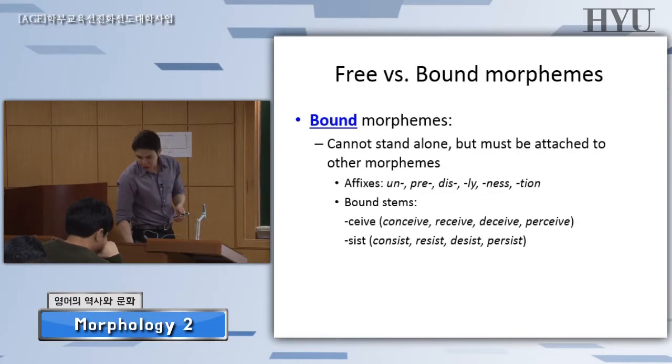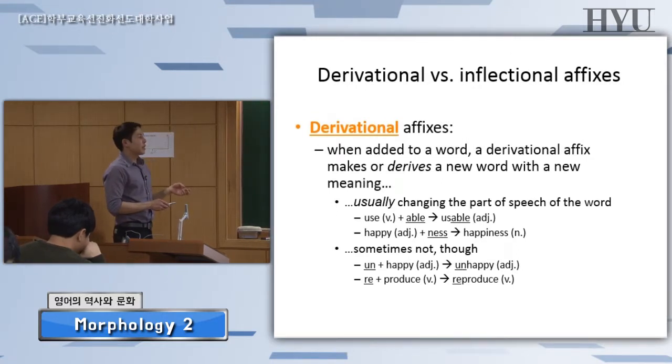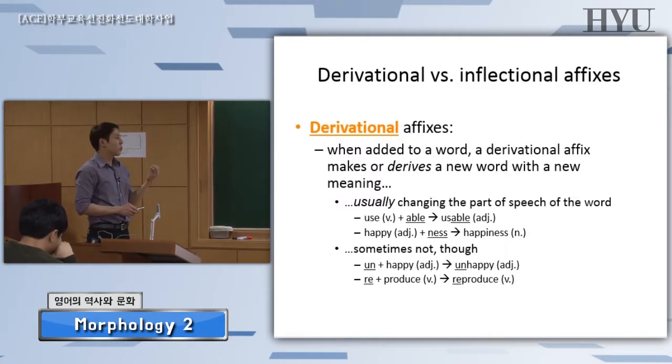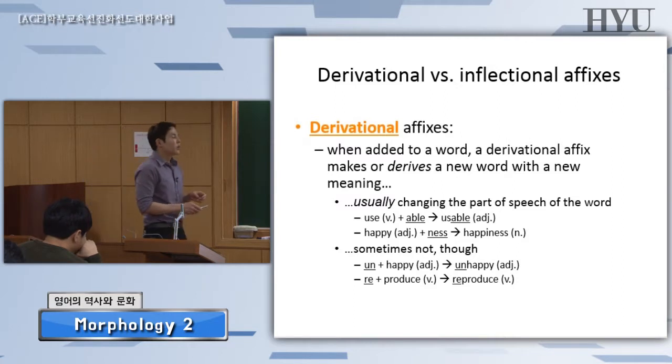So, derivational first. Derivational affixes, when you add derivational affixes to words, you can derive a new word, okay, with a new meaning most of the time. So, for example, when you add the derivational suffix able to use, you change from a verb to an adjective.